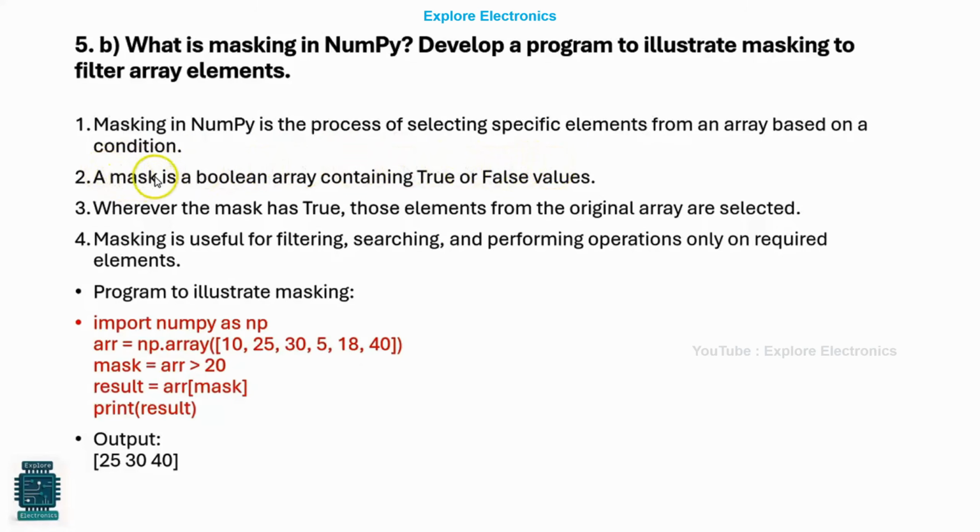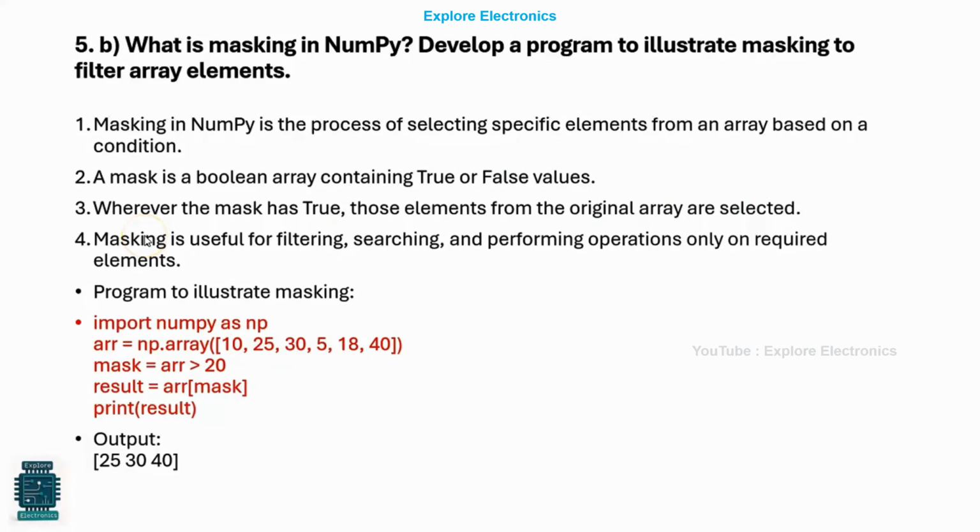Wherever the mask has true, those elements from the original array are selected.